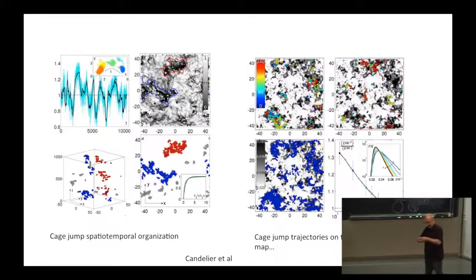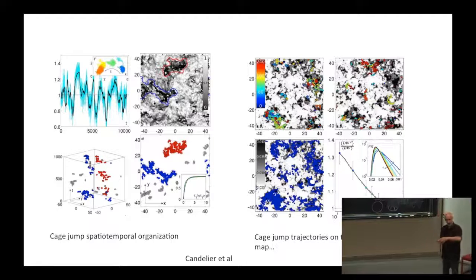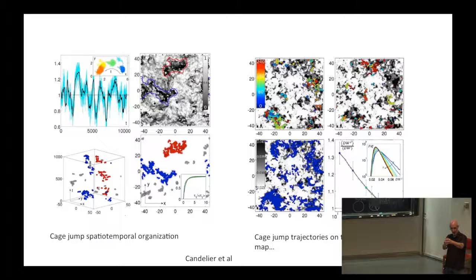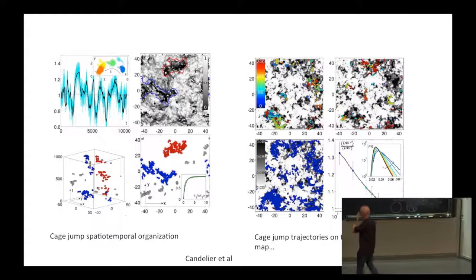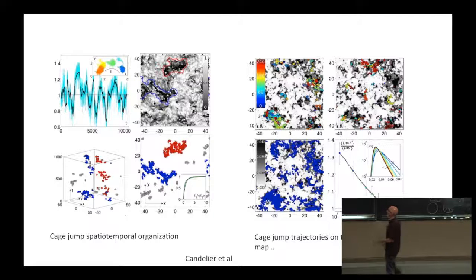So basically you get cage jumps of local motion that form some sort of correlated cluster, and then a correlated cluster of cage jumps will occur nearby, and that may propagate over some length and time scale in the system. That, in a sense, we would call dynamical facilitation.